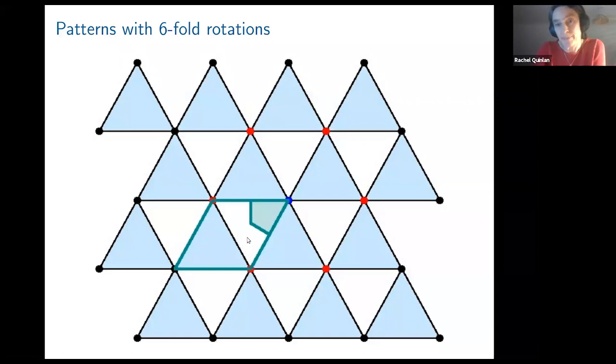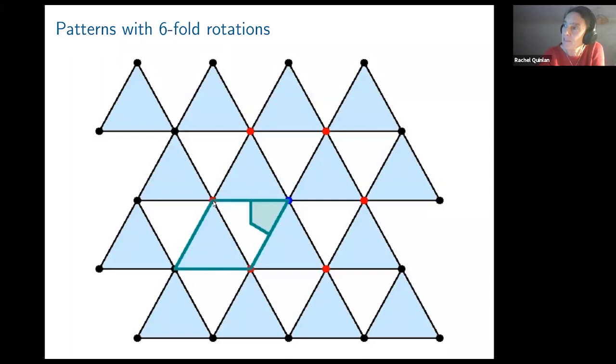Now, it may be that that's the entire symmetry system that occurs in this pattern. It may be that we also have reflections. So for example, reflections in the medians of any of these triangles could be symmetries of the entire system. If any of them are, then all of them are, because they can be composed with the rotations of 60 degrees and 120 degrees.